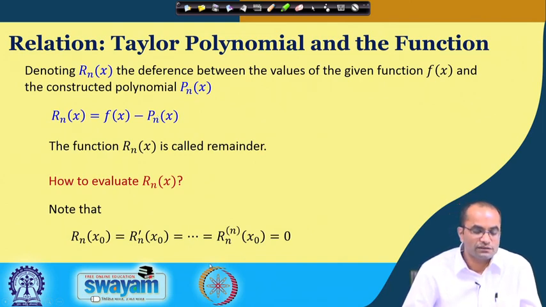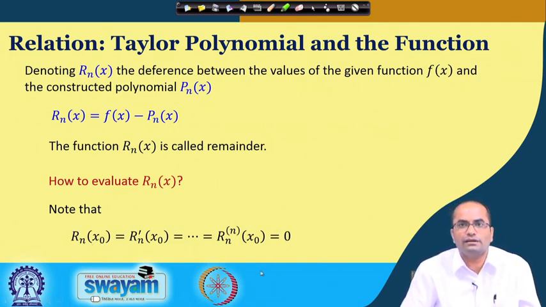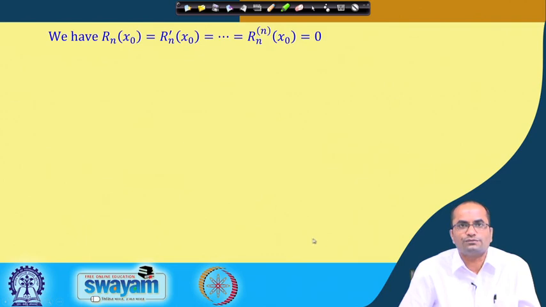This was the construction of this polynomial. So, all these derivatives up to order n are equal. Therefore, R n at point x 0, its first derivative, up to the nth derivative at x 0, all are equal to 0. So, we have these conditions on R n x.